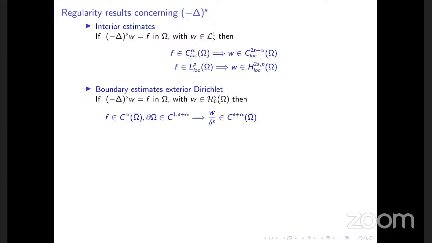If f is C^alpha, then the function over the distance function to the power s is C^{s+alpha}. You can think of this as multiplying delta^s with C^{s+alpha}, so you almost have like 2s plus alpha. The optimal regularity needed for the boundary to get this was open, and it was resolved recently by Ros-Oton, Serra and Abatangelo.